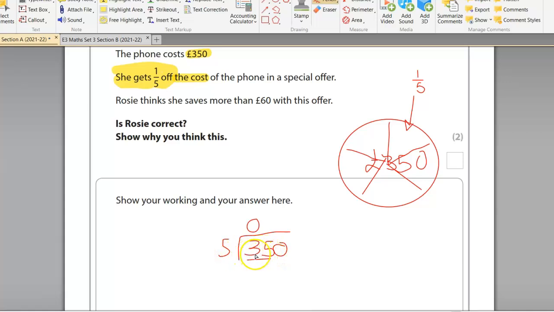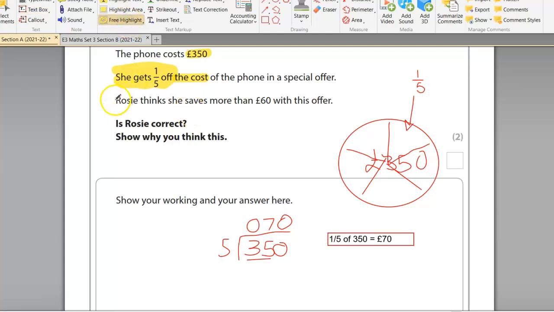You would find that 7 5s give you 35. So we put a 7 there. And then we're left with a 0. So we put that 0 here. And that tells us that 1/5 of 350 is £70.